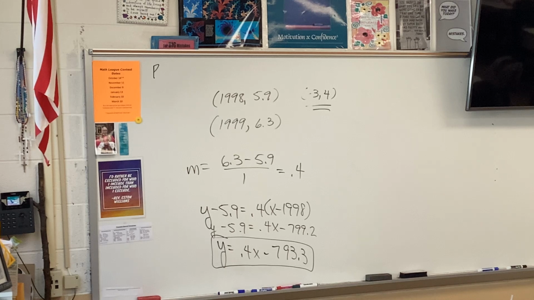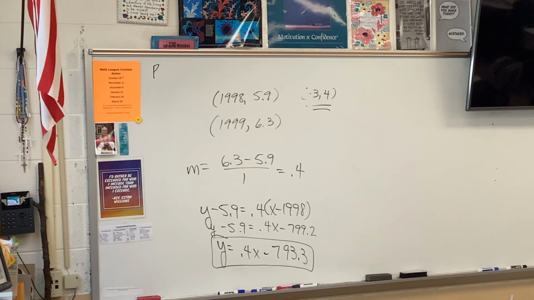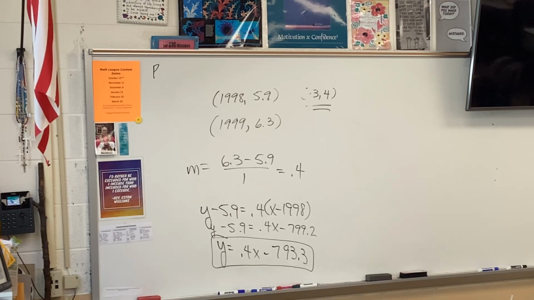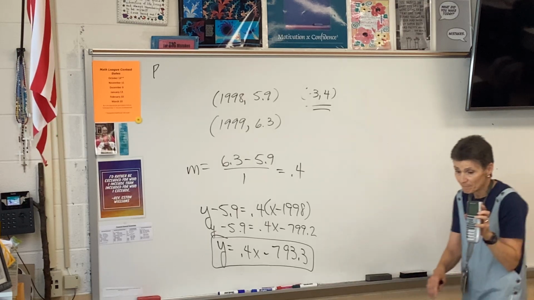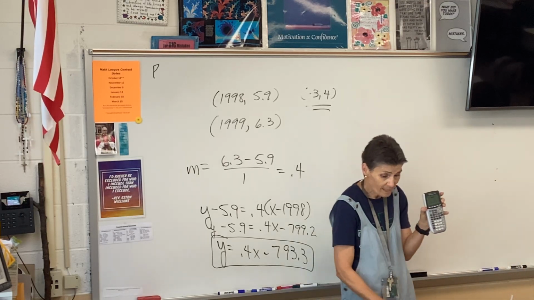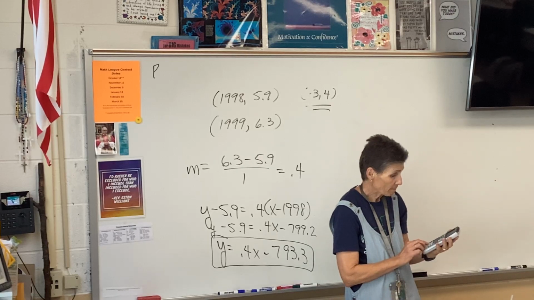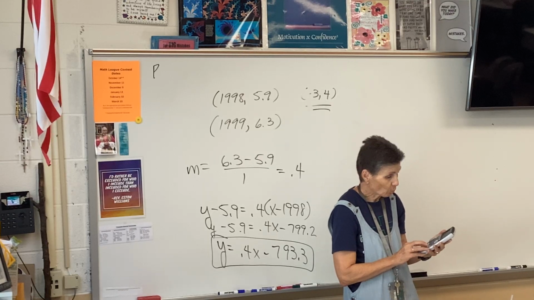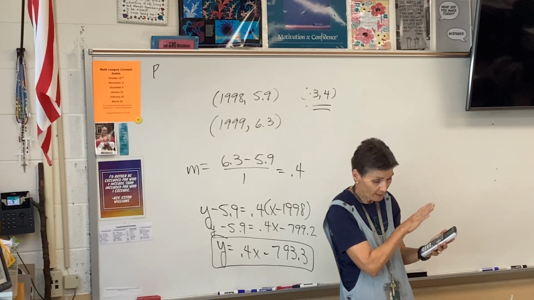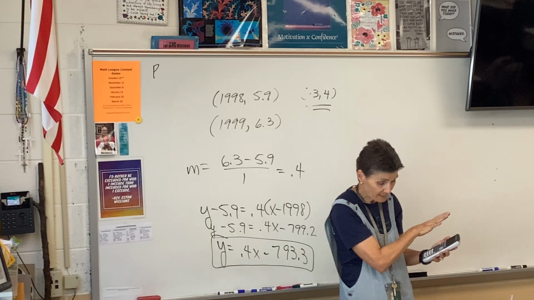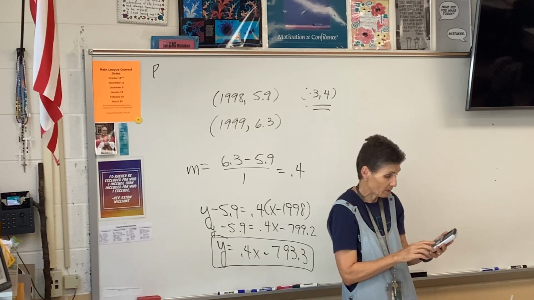You don't have to, but that's quick and easy. All right? L1 is your X's, L2 is your Y's. So we're gonna put in our X's and our Y's, and corresponding, so like the first point, X1 is 1998 and the Y1 would be 5.9.